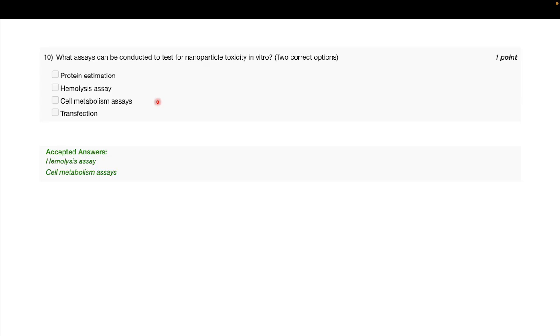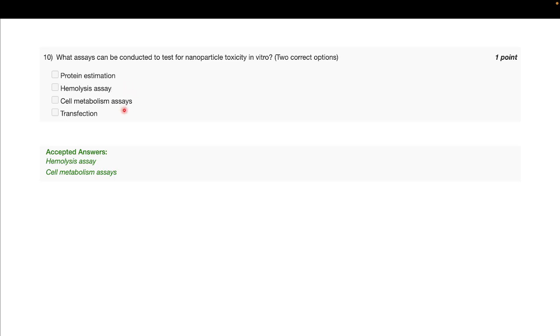So you can check whether your nanoparticle is going to lyse your RBCs. You can collect blood from an animal, let's say a mouse, put these nanoparticles in the blood and see what happens over time, and see whether your RBCs are getting ruptured or not. So that's what is done in hemolysis assays.